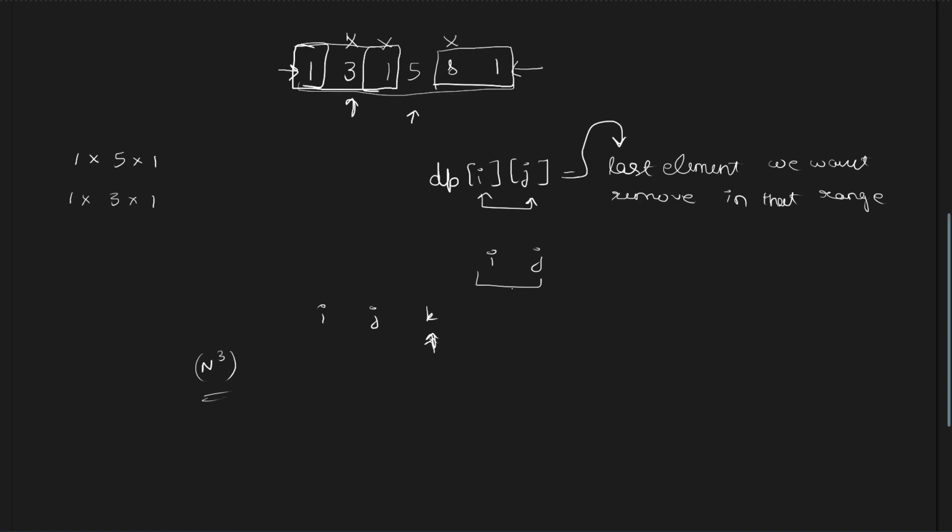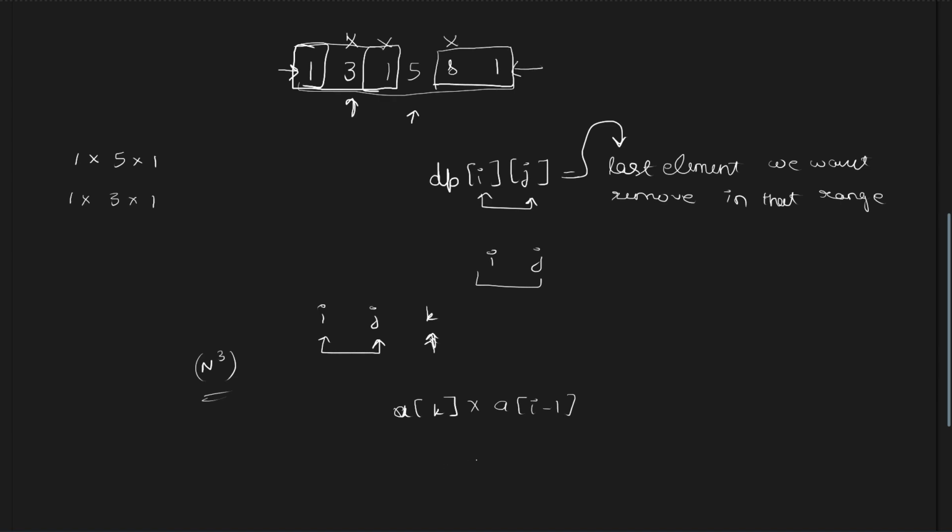So whenever we remove the kth element, we would already know the answer. For example, if I remove the kth element and I have assumed that all the other elements have already been removed in the range i to j, my answer would be v of k, for example, if a is the input, v of k into a of i minus 1. Why i minus 1?